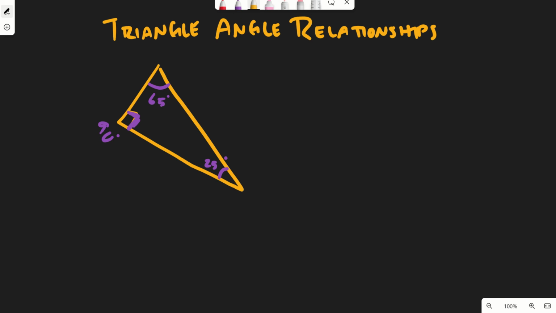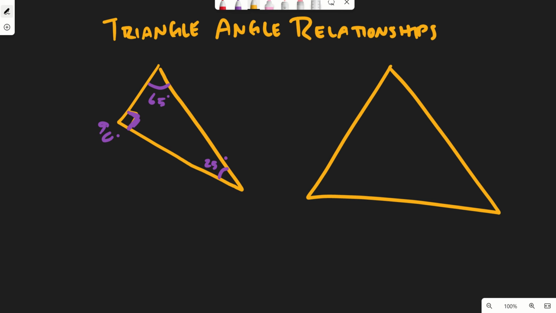And let's say another triangle I have looks like this. And here, I'll say I have an angle that is 70 degrees, 70 degrees, and what would that make this? 40 degrees.